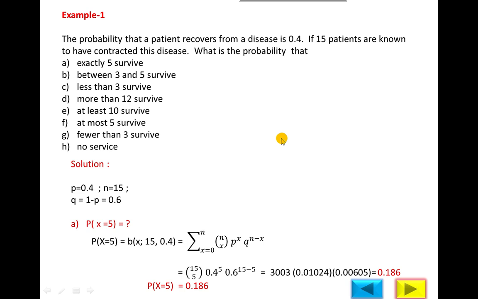you want to calculate the probability of exactly 5 patients survive, if next day 15 patients contract this disease. So we will use this value because this is the parameter value, p is the parameter for the next day.